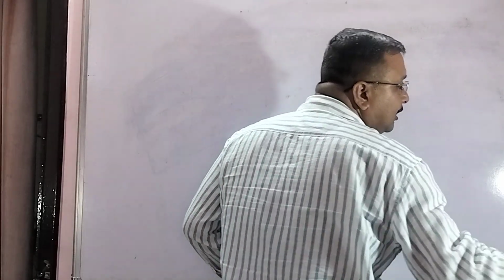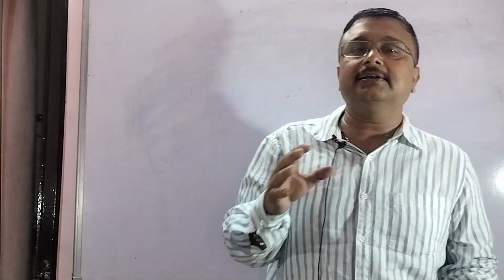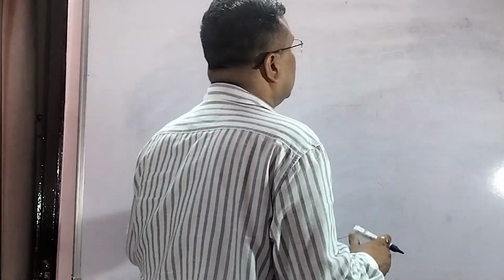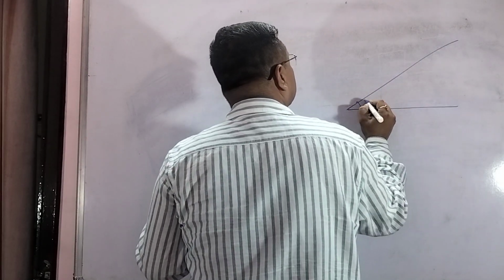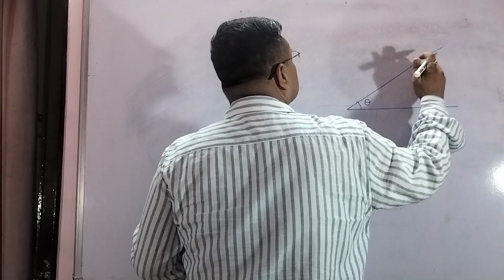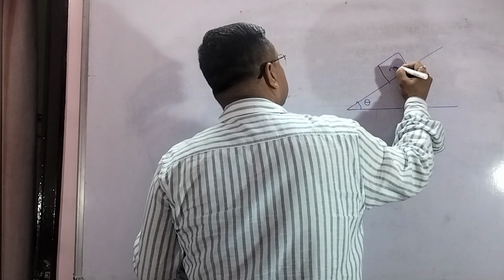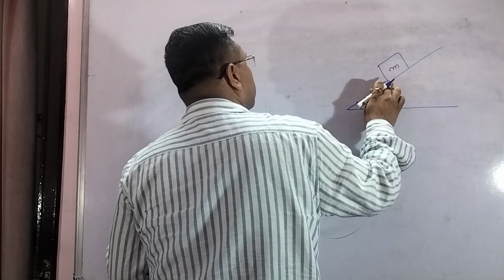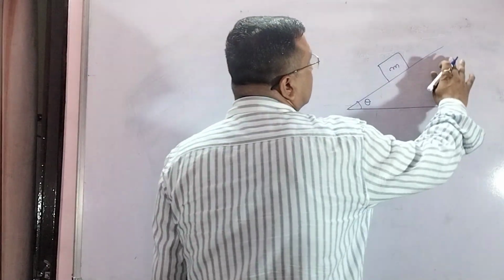The particle will move in a single direction, that's for sure, but both the x and y coordinates will change. Suppose this is an inclined plane of angle theta with the horizontal, and a block M is placed here.